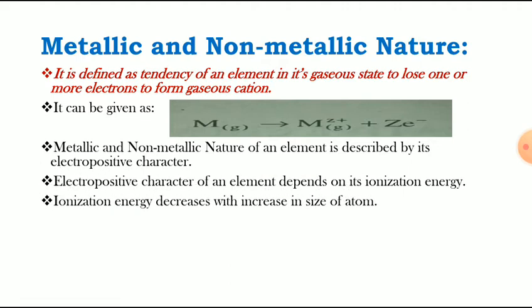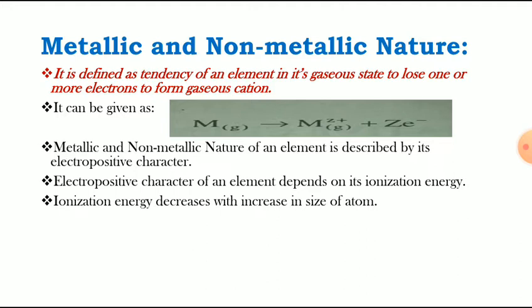Ionization energy decreases with increase in size of atom. See, when we go from top to bottom, suppose we consider the s block element or p block element, suppose when we go from lithium to francium, the atomic number goes on increasing. That means atomic size increases.